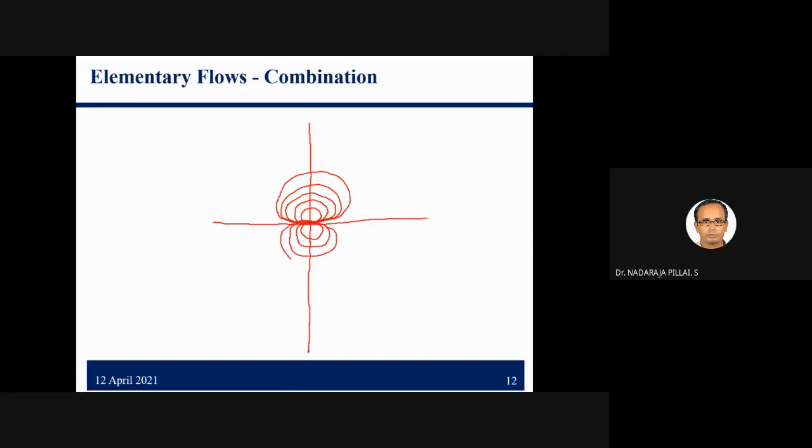This is what is called doublet. Very interesting phenomenon, and theoretically we can calculate nicely, right? So this particular point is called discrete doublet.